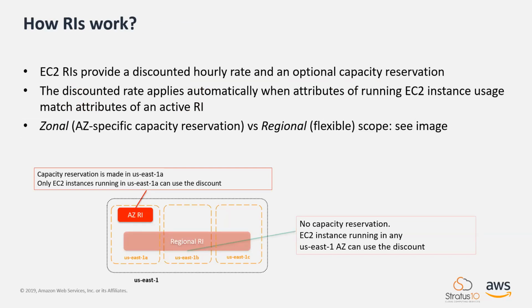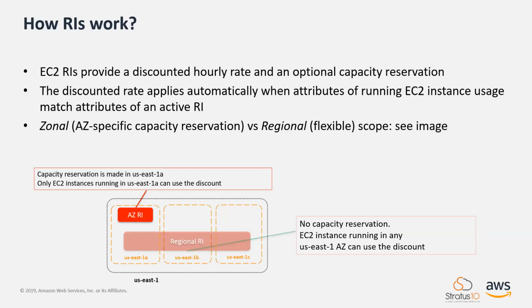You can also choose to forego the capacity reservation and purchase an RI that is scoped to a region. RIs scoped to a region automatically apply the discounts to usage across any AZ and matching the instance within a region, making it easier for you to take advantage of your RI discounted rates.